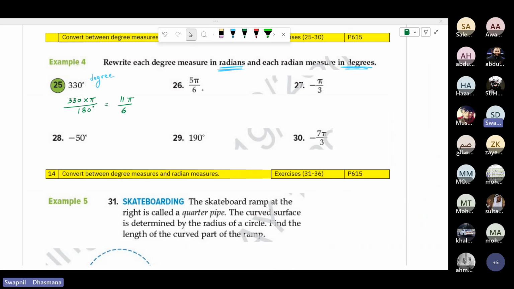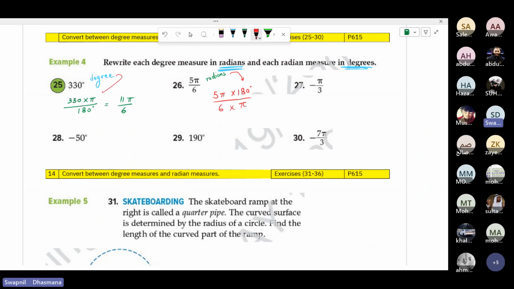If it's 5 pi by 6, this is radians. Now on top you will write 180, because it's radians to degrees, and then you will write pi below.